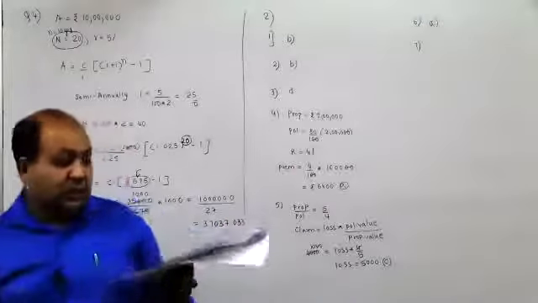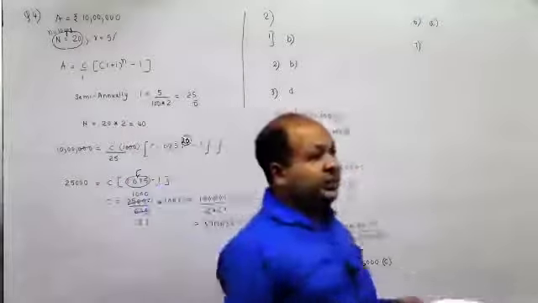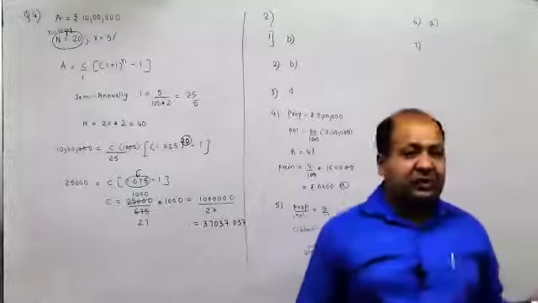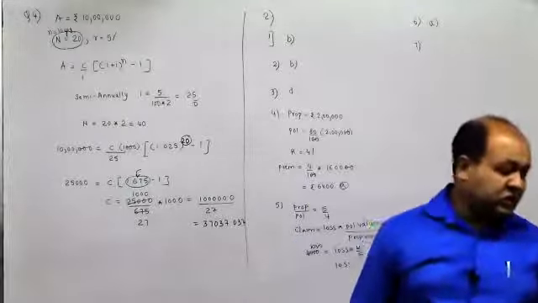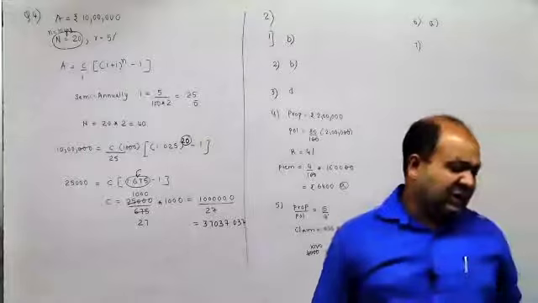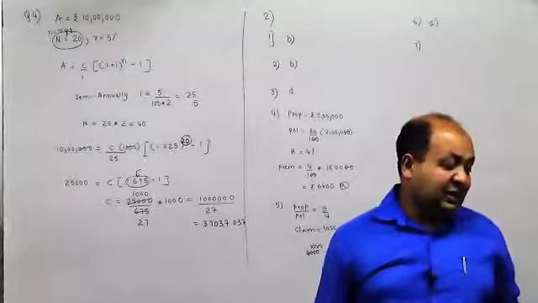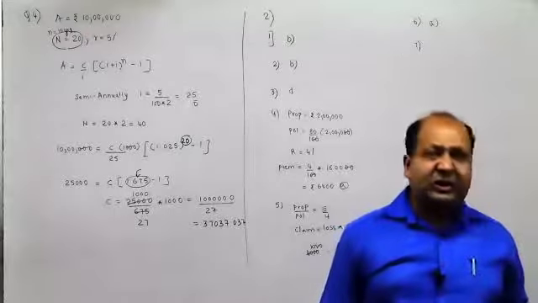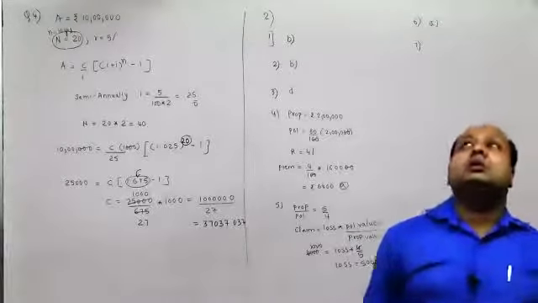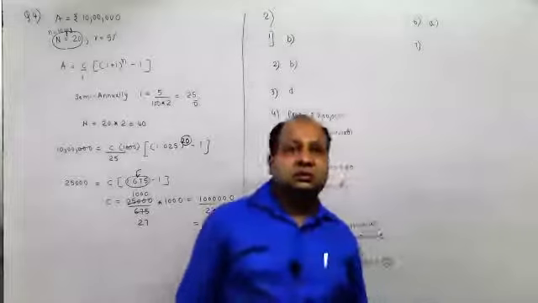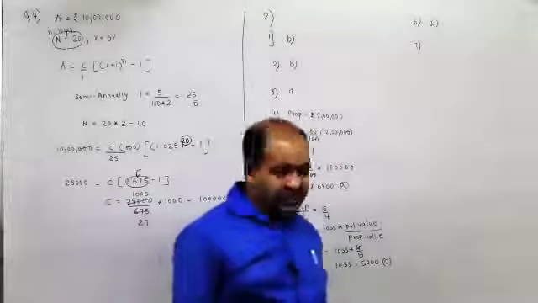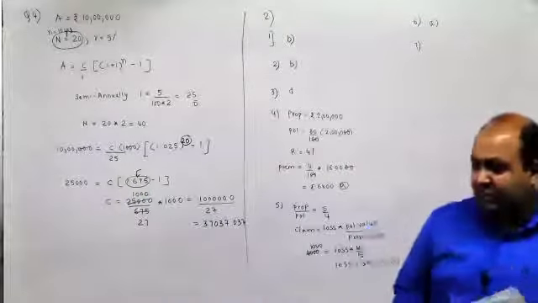Yes, sir. Premium is paid on what? Premium is paid on the policy value, and policy value is same as insured value. B is the answer, but insured value is also the same. Policy value and insured value are not different actually.